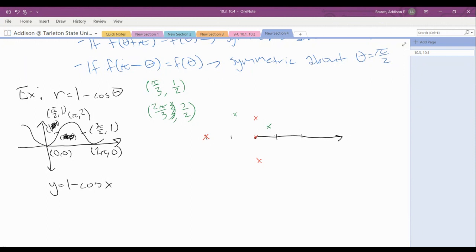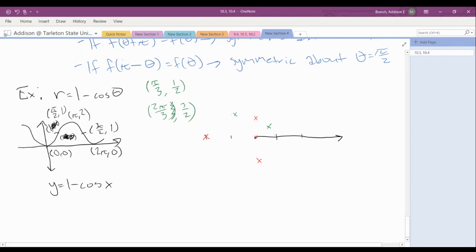That's pretty similar to what we said over here, to where f of negative theta is equal to f of theta, we're going to be symmetrical around the polar axis. So in this one, it's actually pretty easy to see.